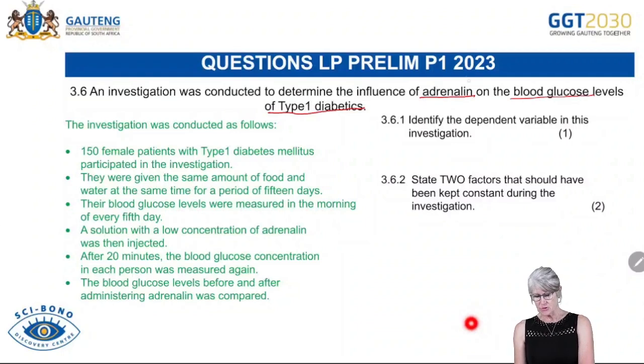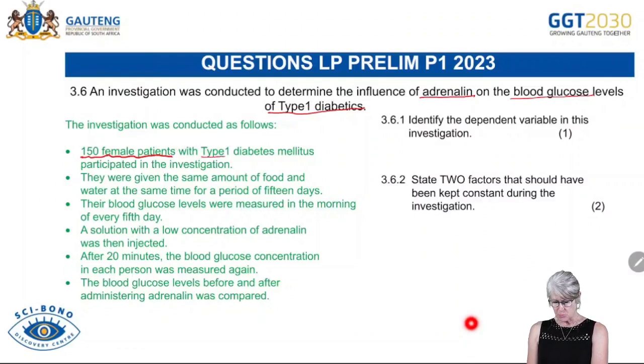And remember, adrenaline is that hormone that allows us to react in extraordinary situations. One effect of adrenaline on blood glucose is that it usually increases the blood glucose so that we have energy to get ourselves out of that extraordinary situation. Okay, so they say the investigation was conducted as follows. They used 150 female patients with type 1 diabetes mellitus.